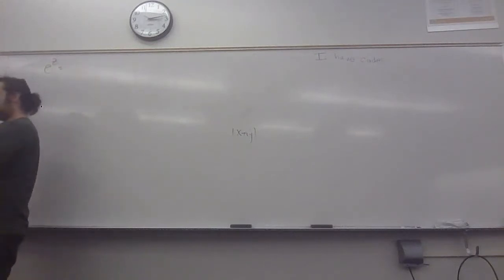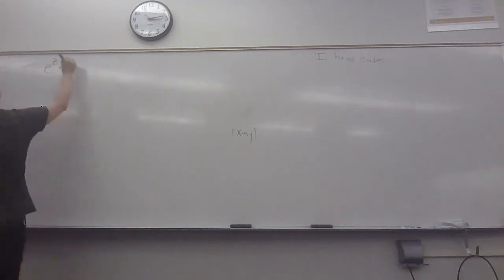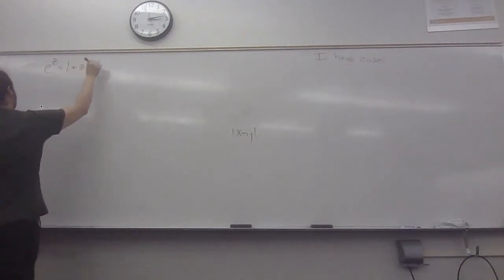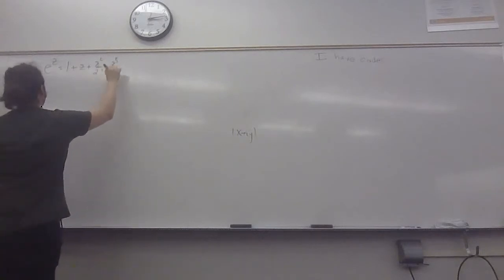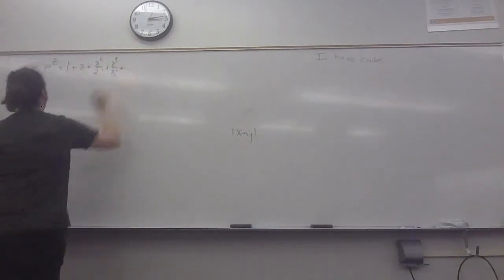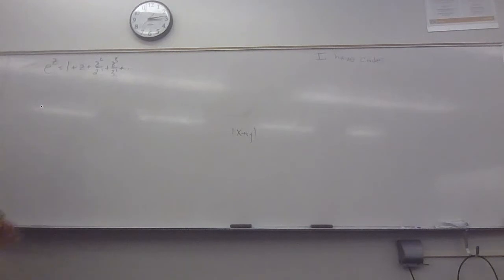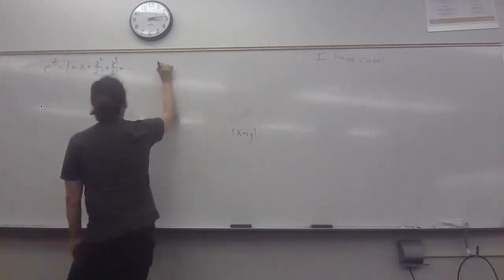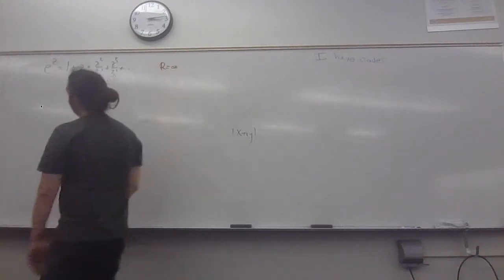We're going to use the power series today: 1 plus z plus z squared over 2 factorial, and so on. So e to the z is this power series. We're just going to accept, by the extension theorem, that this power series holds for an infinite radius of convergence. So this function is entire.